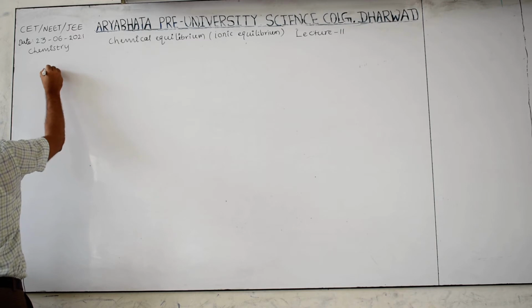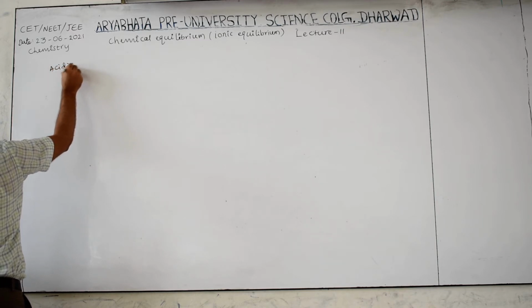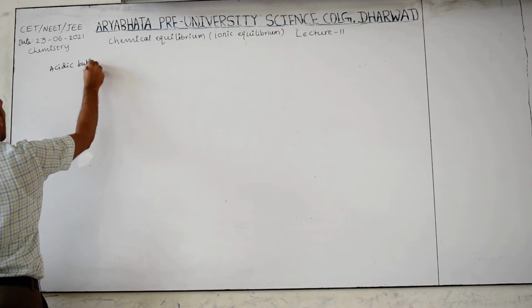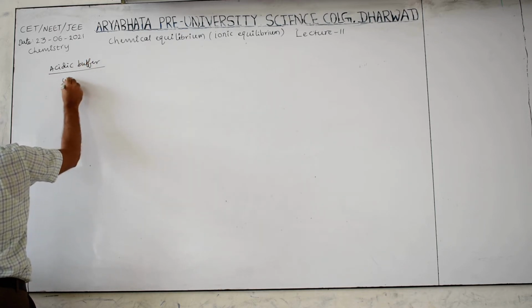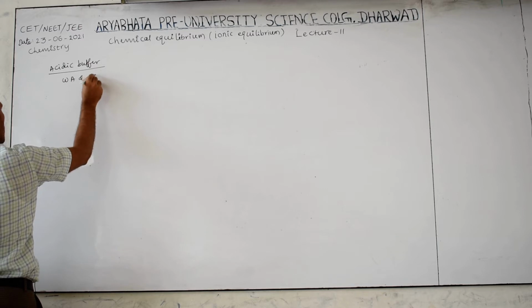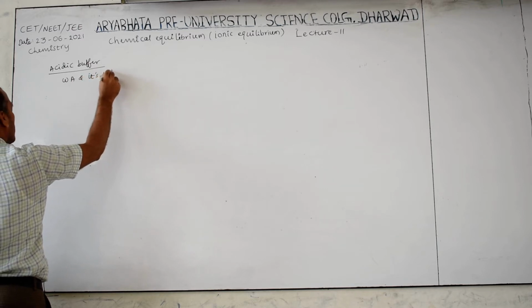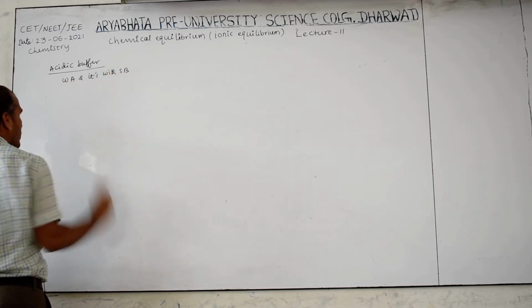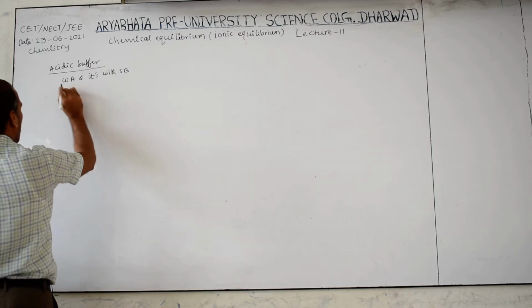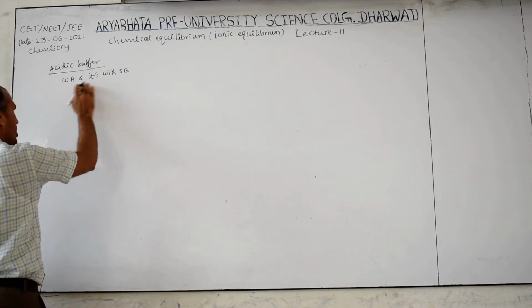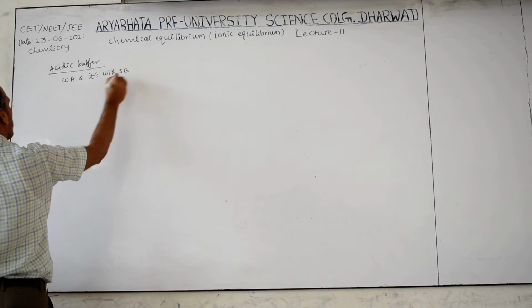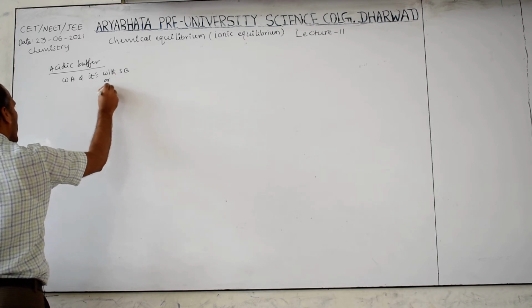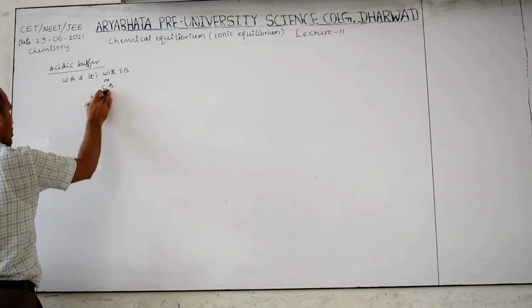Now, first I will give the acidic buffer. An acidic buffer means a weak acid and its salt with a strong base. Otherwise it is called a weak acid with its conjugate base. Simply, a weak acid and its conjugate base.